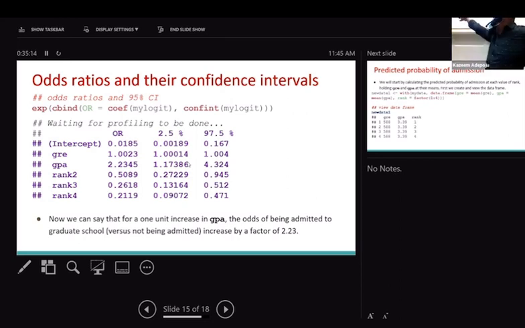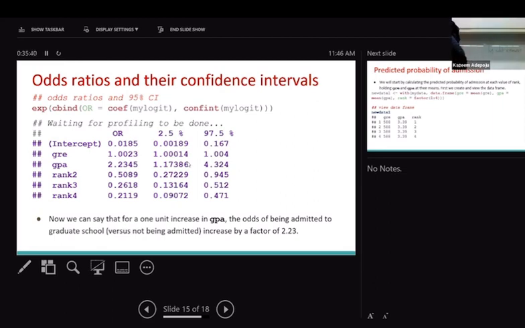Now, how do we interpret this? We can say that for 1 unit increase in GPA, the odds, I'm not going to talk about the log anymore, I want to interpret odds now. The odds of being admitted to graduate school increased by a factor of 2.23. 2.23 for what? For GPA.